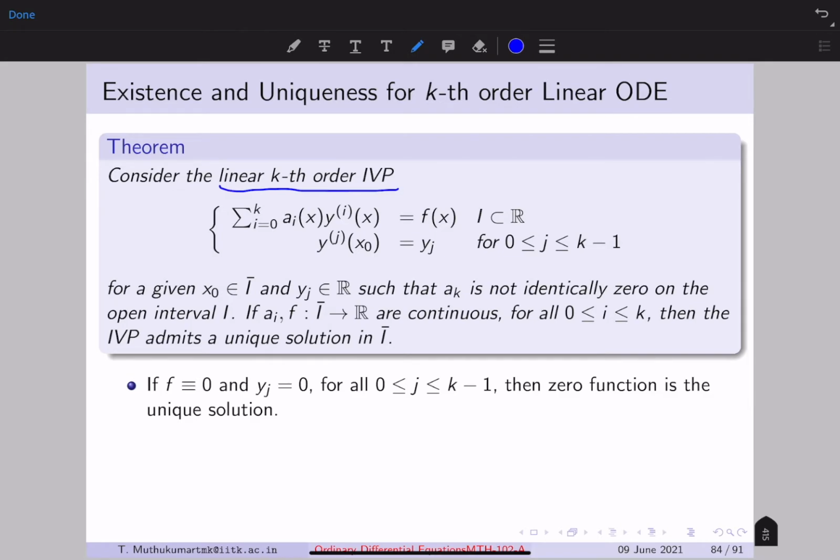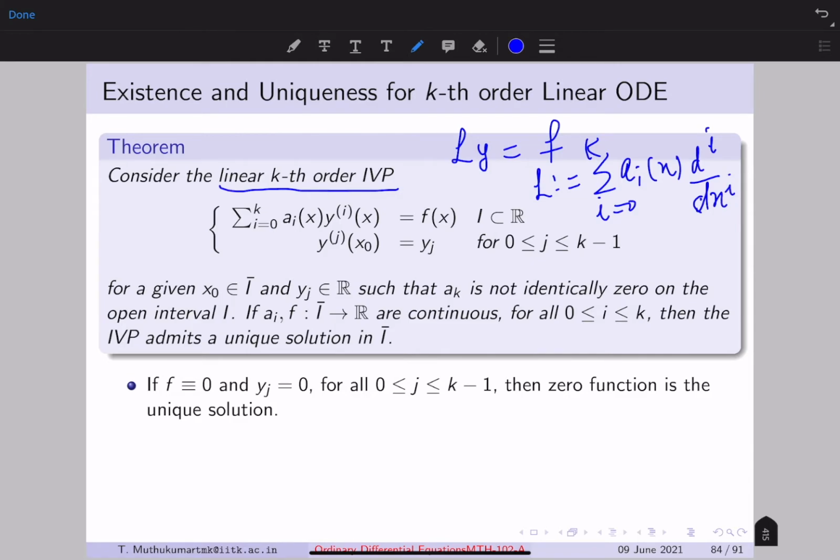But the existence and uniqueness statement is that whenever you have a linear ODE, you recall what a linear ODE was: any ODE which can be written in the form Ly = f, where L is the summation from i = 0 to k, since I'm using k for the order, of a_i(x) d^i/dx^i.